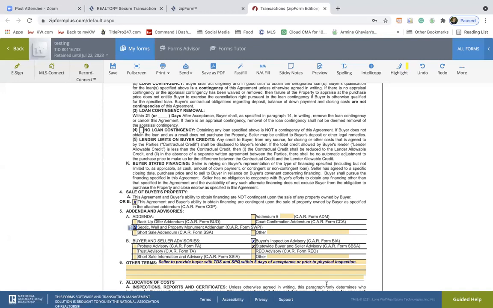You don't want to get the TDS 10 days later after you have removed your inspection contingency, just to find out there was a leak somewhere in the house. And if the listing agent doesn't provide it to you, you need to explain to them why you want that, and the strong listing agent will understand. Hopefully, a good listing agent will have all these disclosures ready by the time the property goes on the market.